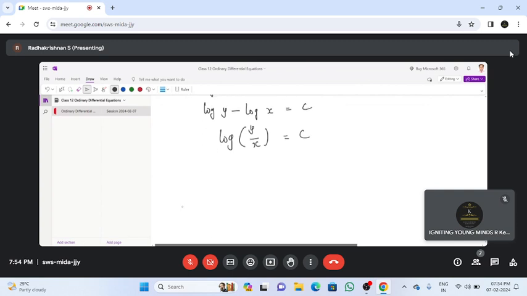That means y by x equal to e power c. Number e power c is a constant, so which can be like k. So it simplifies to y by x equal to k, or y equal to kx. Y equal to kx. Okay.